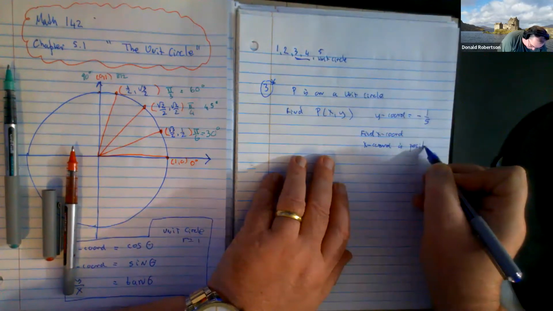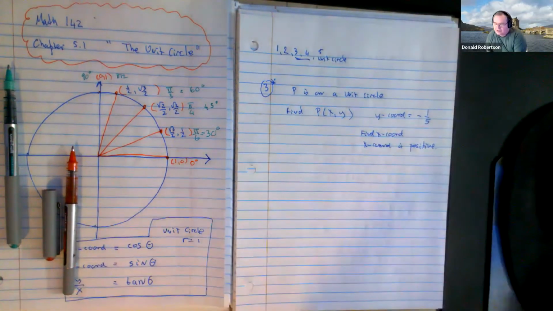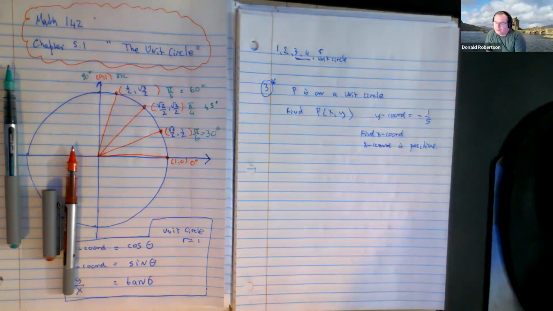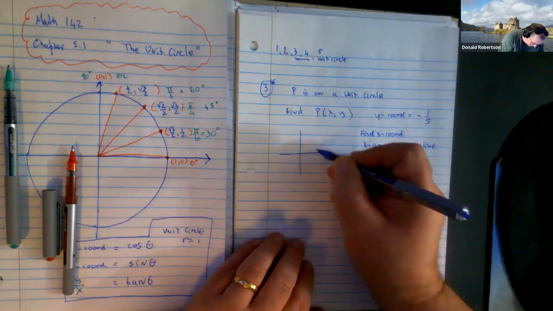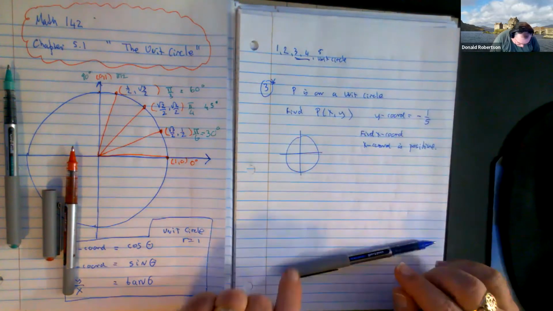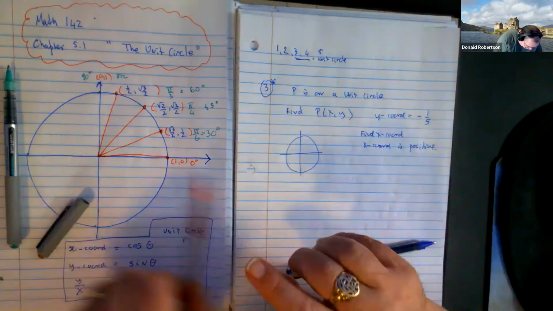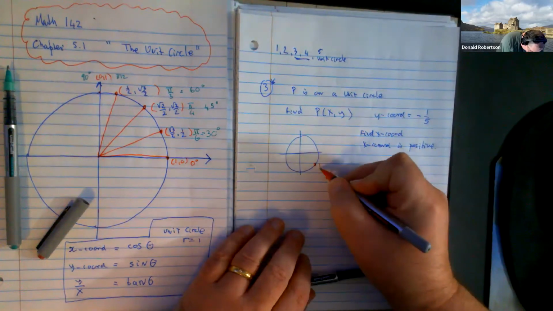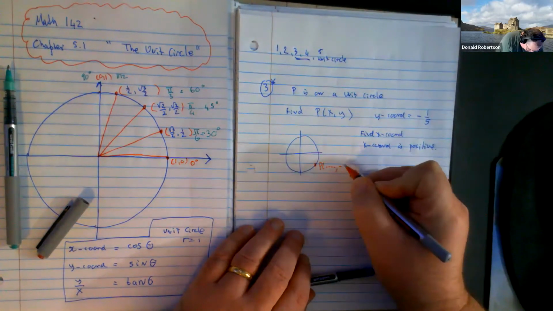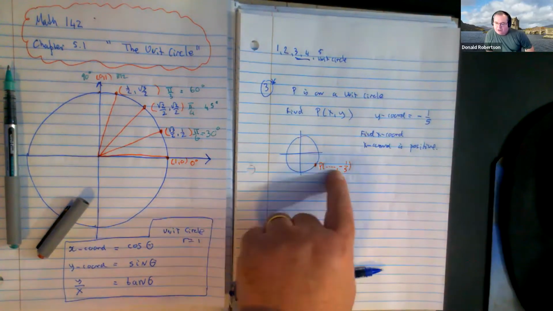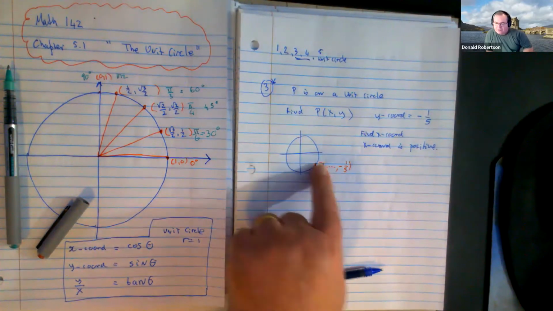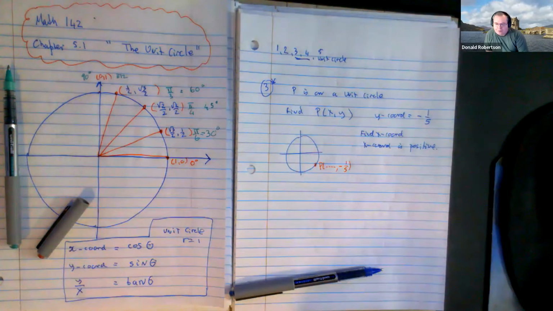So do you see in this case, they never told you which quadrant it was in, but they at least told you it's going to be positive. So if I was drawing my little unit circle guy, I'm looking for a y coordinate that is -1/5, but the x is positive. Would you agree that P would be down here somewhere? Wouldn't that have a positive x coordinate and a negative y coordinate? So essentially, haven't they told me it's in the 4th quadrant? They just didn't do it that way.